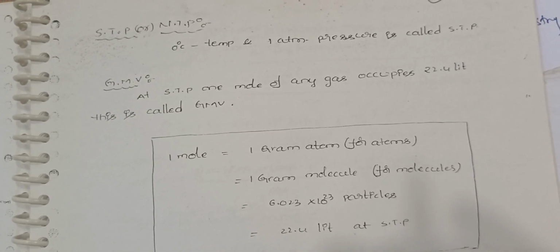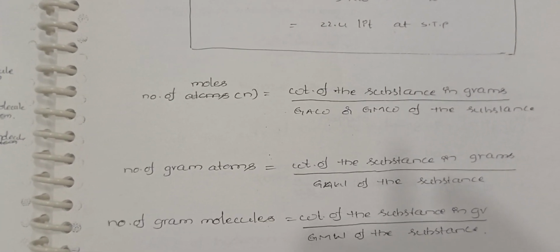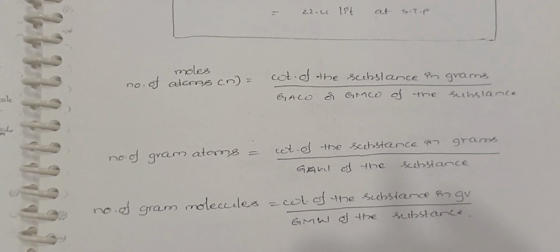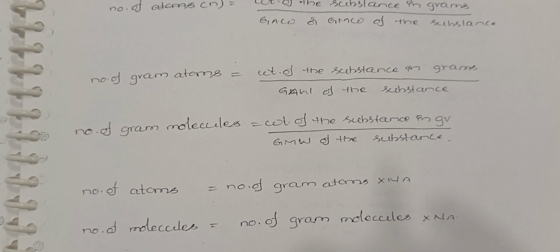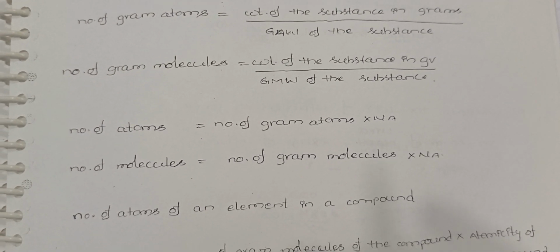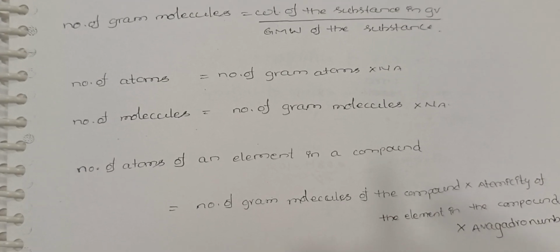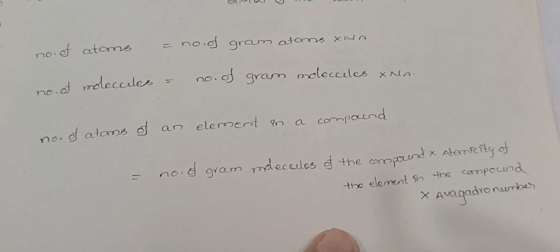Like this, you will be knowing STP and NTP conditions. It will be occupying 22.4 liters, right? How can we calculate the number of moles? Number of gram atoms, number of gram molecules, number of atoms, the formula: number of molecules equals number of gram molecules into NA.